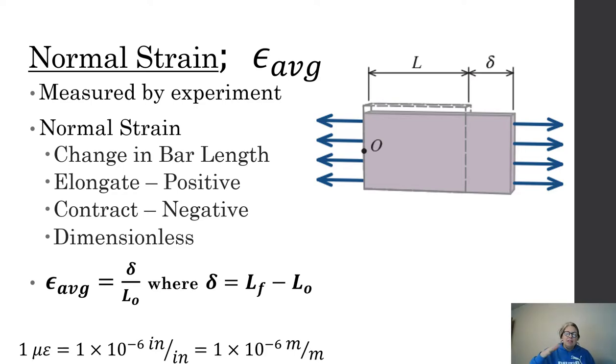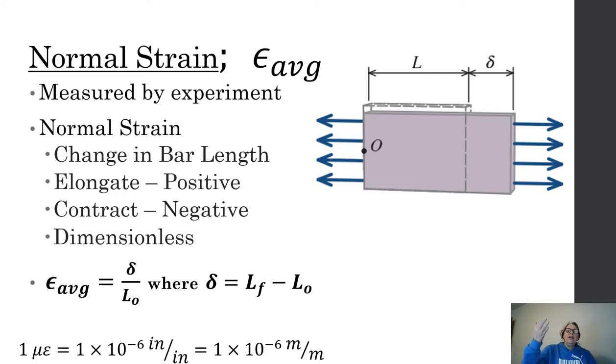So it's unitless because it's an inch per inch. It's a meter per meter, a millimeter per millimeter. What does that mean? If it's going to stretch an inch for every inch, that's going to be pretty stretchy, right? Okay. So normally it could be maybe 0.1 inches for every inch. That would still be very stretchy, okay?